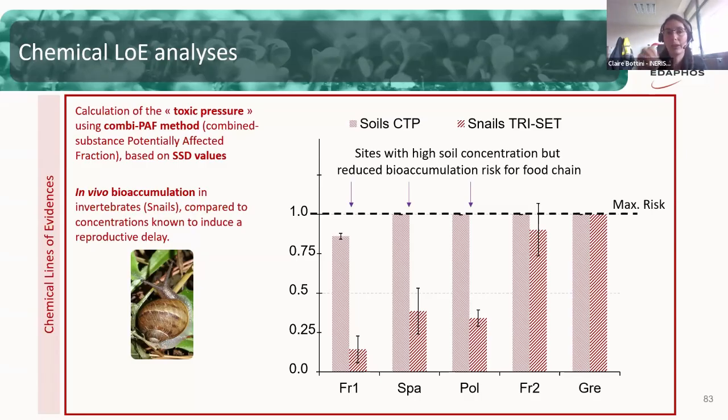The snails were exposed to the collected soil, and after a certain time the concentration within the snail was measured, and we compared those concentrations to a concentration known to produce reproductive delay in the same species. Once again, the closer you are to 1, the more present this risk is.